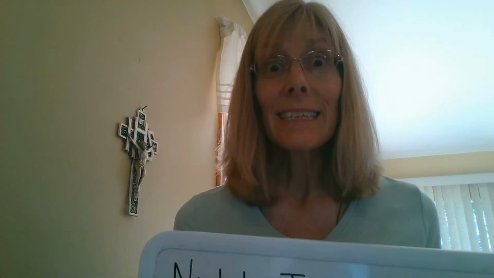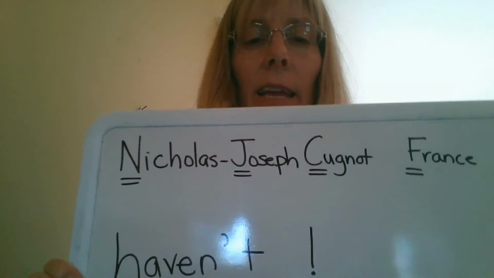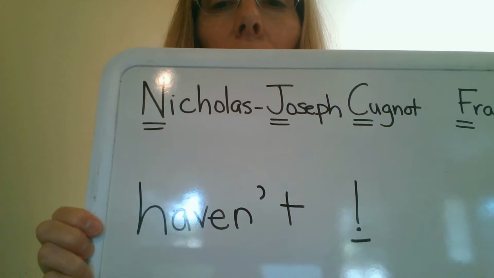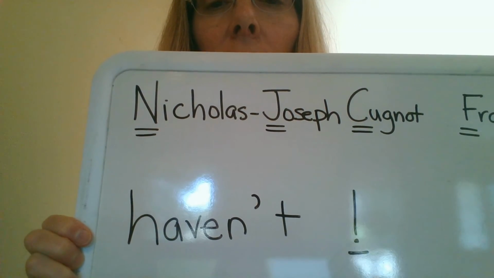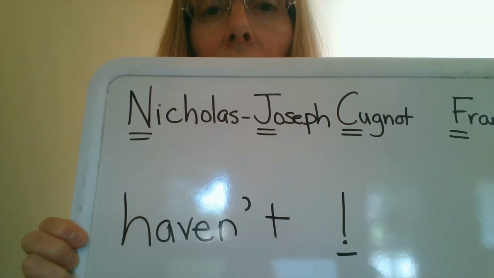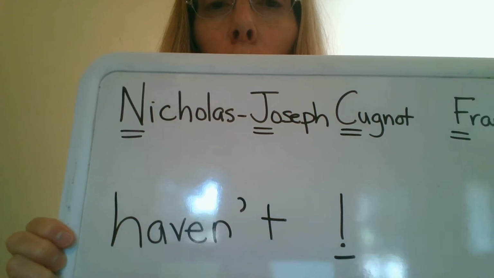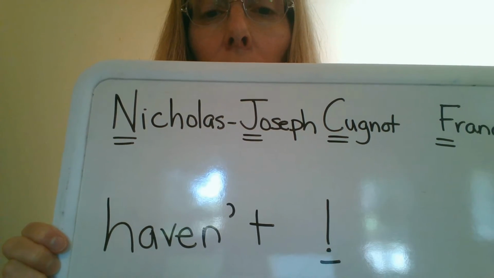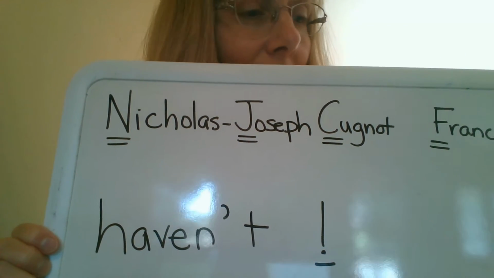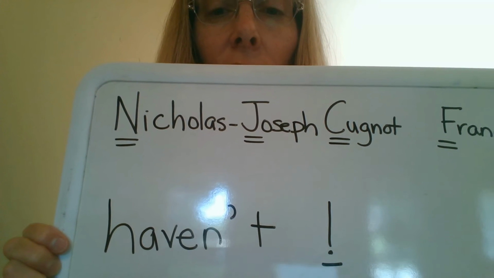So the sample sentence is: you haven't used that required exclamation point in your sentence. If you look here, you'll see that the O in not is missing. So we've taken have not, squished it into one word, got rid of the O, and it becomes haven't. And you can see where the apostrophe is.